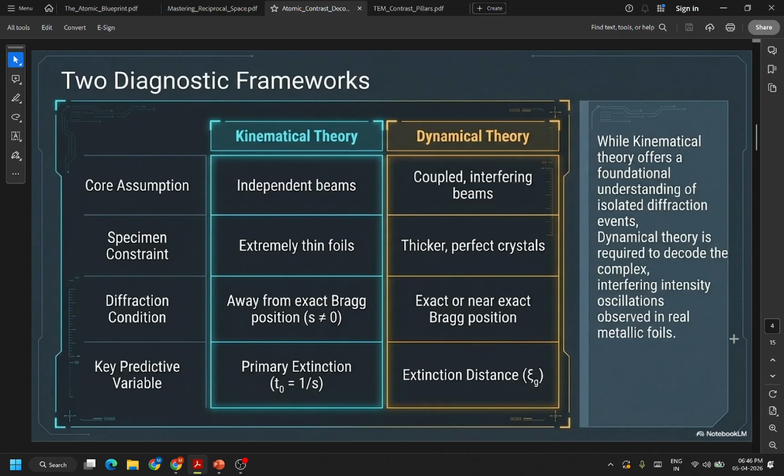There are two diagnostic frameworks: kinematical theory and dynamical theory. Kinematical theory assumes independent beams, whereas dynamical theory assumes coupled interfering beams. Kinematical theory works for extremely thin foils, whereas dynamical theory works for thicker perfect crystals.